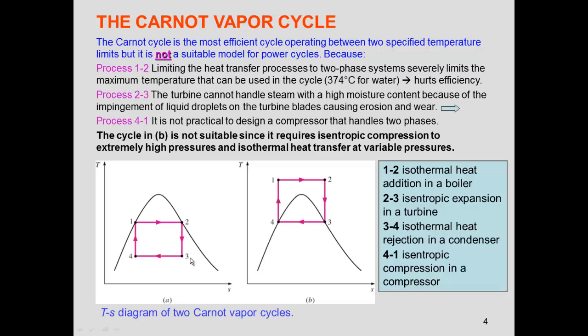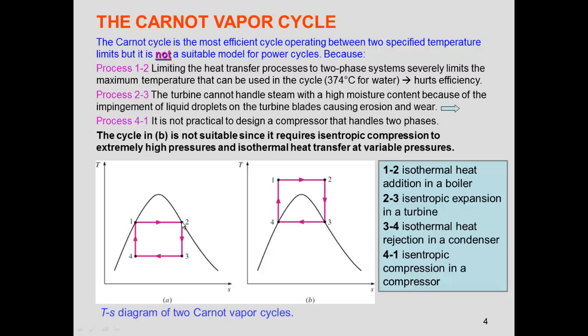The second problem arises in the turbine. Turbines are devices that rotate at high speed, 3600 RPM, since we have our 60 Hz line, and we are trying to get some work that is usually used to produce electric energy.